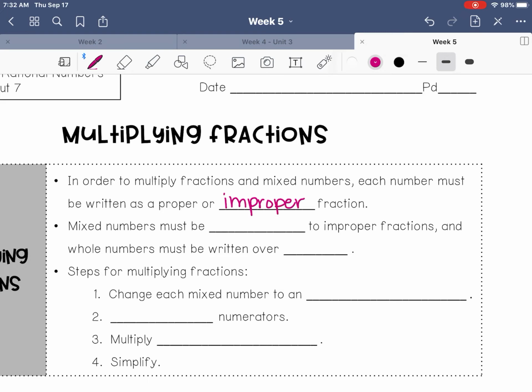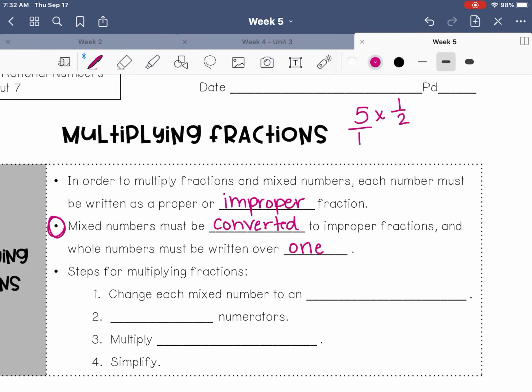Mixed numbers must be converted to improper fractions, and whole numbers must be written over 1, because every number has a denominator of 1. So let's talk about this step right here. If you're multiplying a fraction times a whole number, then you simply change that whole number into a fraction like that and put it over 1.